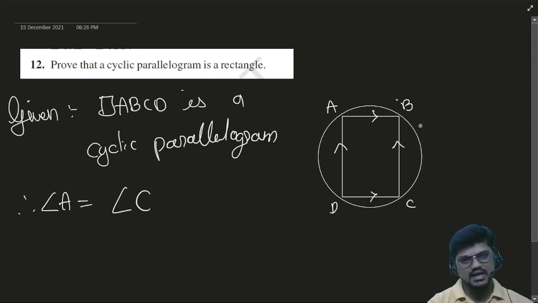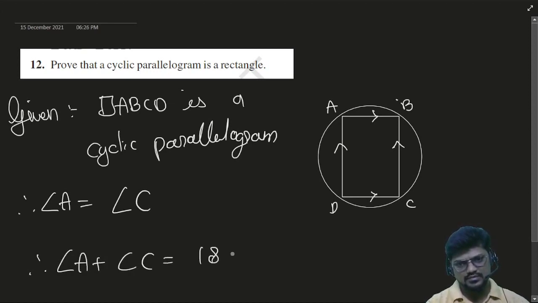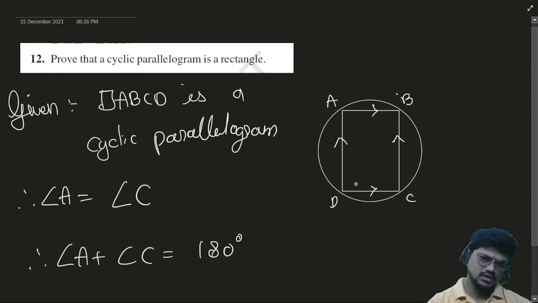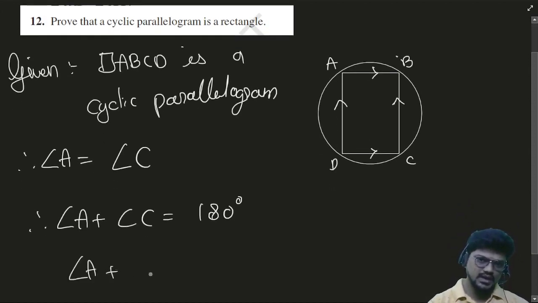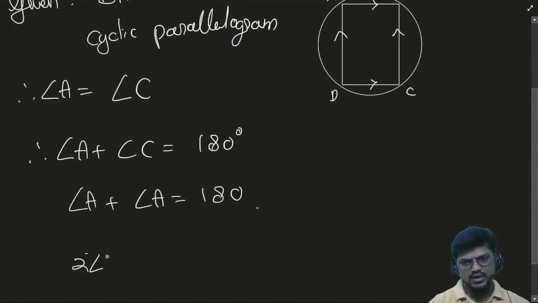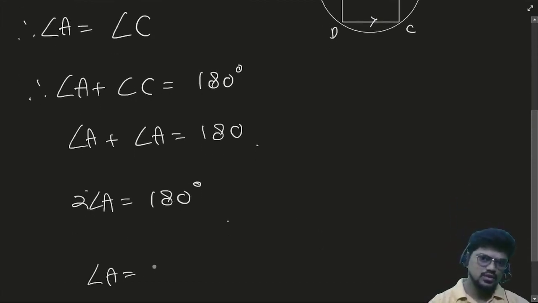But since it's cyclic, angle A plus angle C should be equal to 180 degrees. We can also say angle A plus angle A is equal to 180 degrees, and then twice angle A will be equal to 180 degrees, and then angle A will be equal to 90 degrees.